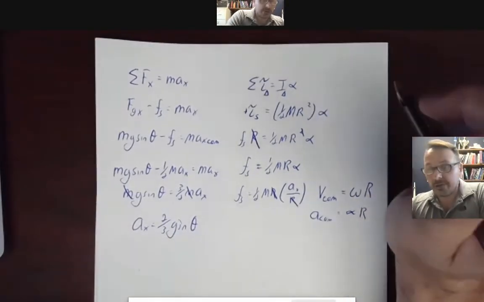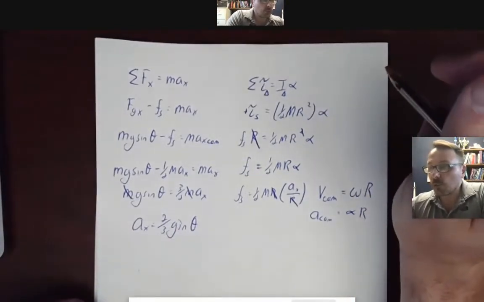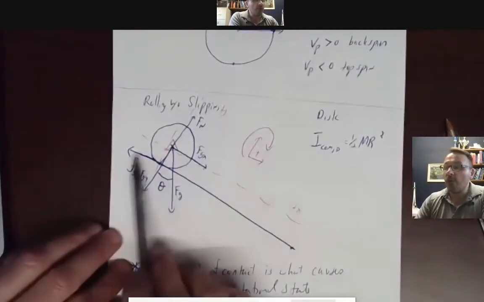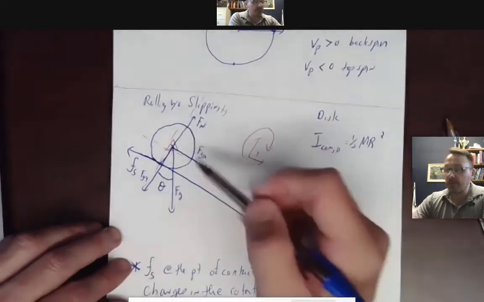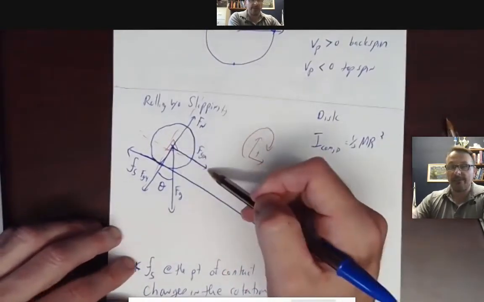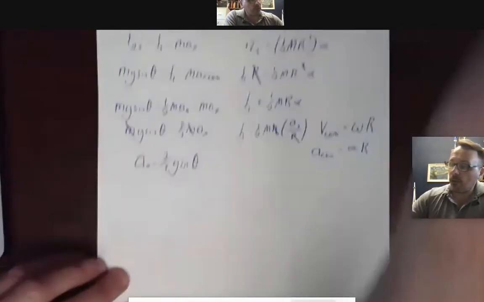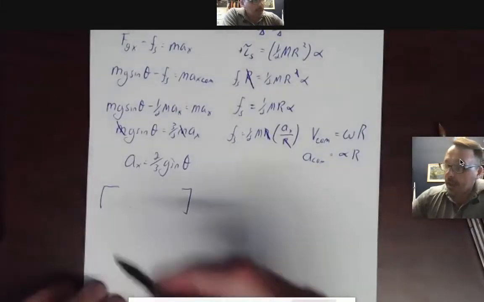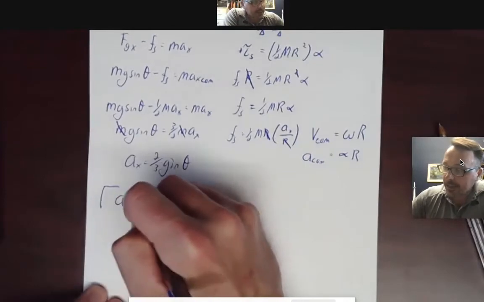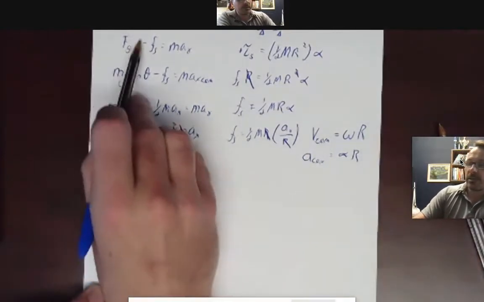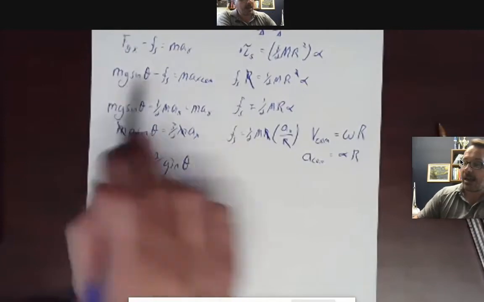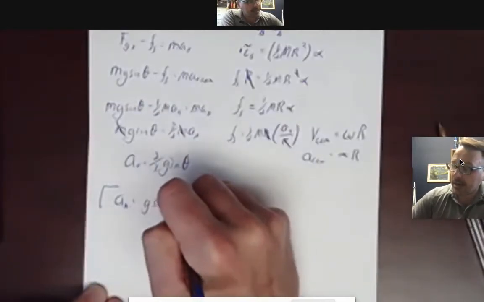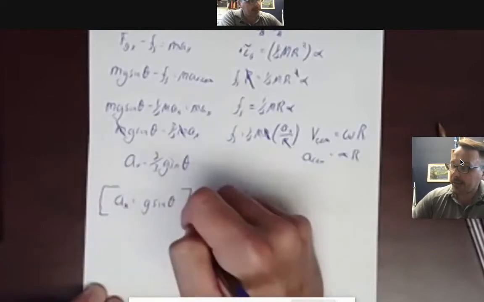Now, we should note that if this object were just translating with no friction, the only force that would be causing the acceleration is Fgx. If this thing were just translating, and the only force that was causing it to go down the slope was Fgx, I'd have just mg sine theta, and I would end up with g sine theta as the acceleration down the slope.